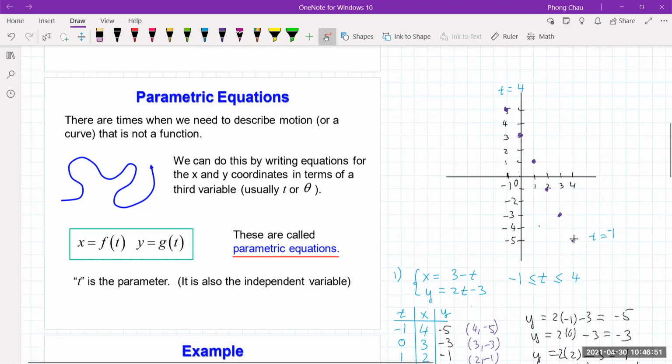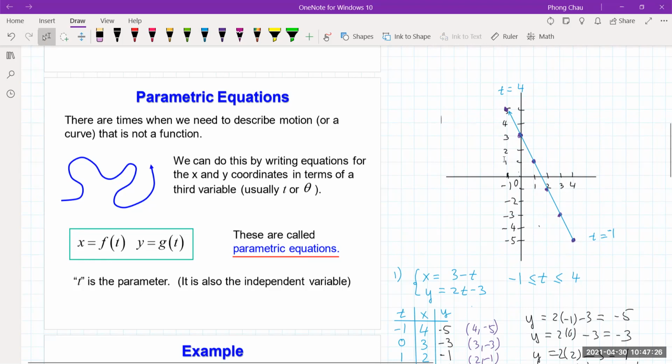Okay, but it's not a full line. It's just a line segment in this case, because we only allow t between -1 and 4, and then we're going to have this line segment, starting at 4, -5, ending at -1, 5.